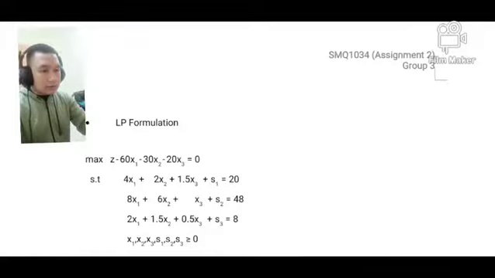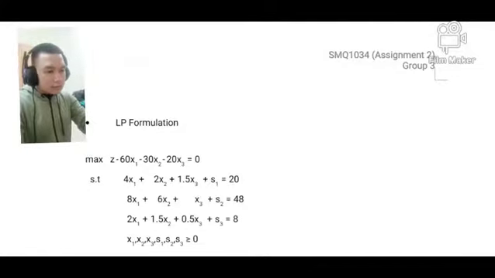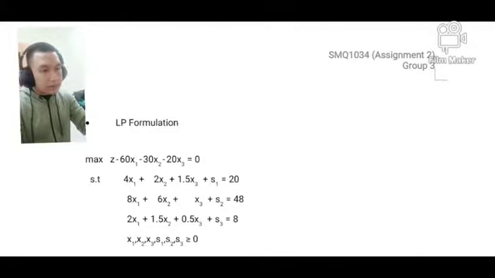And the third constraint is 2x1 plus 1.5x2 plus 0.5x3 plus s3 equals 8. So we add s1, s2, and s3 as decision variables for all these constraints. So x1, x2, x3, s1, s2, s3 must be greater than or equal to 0.